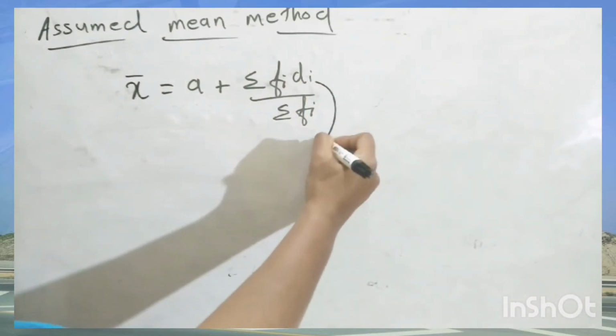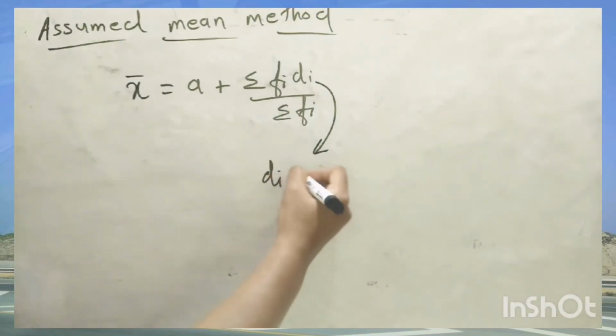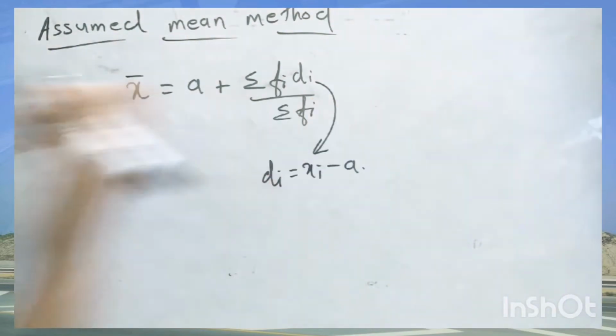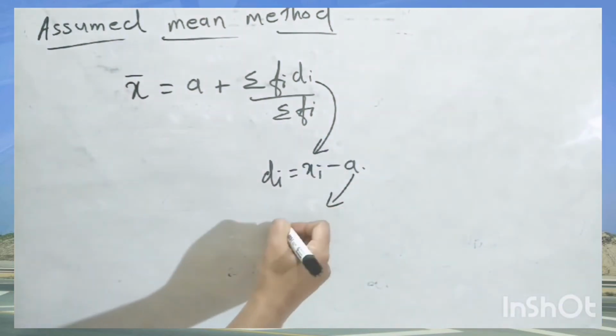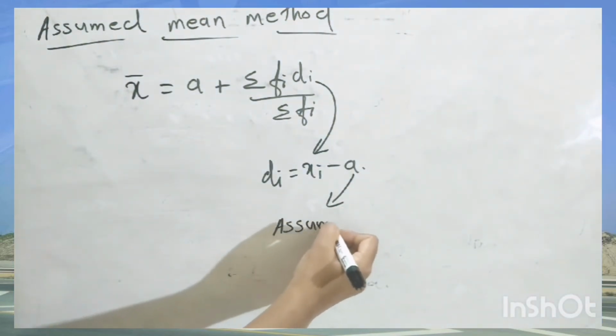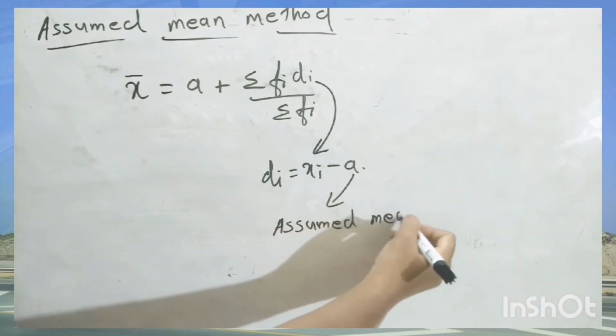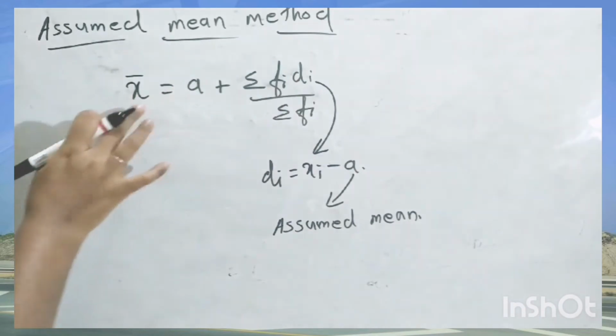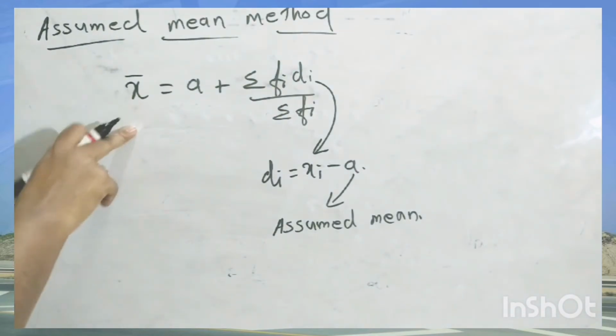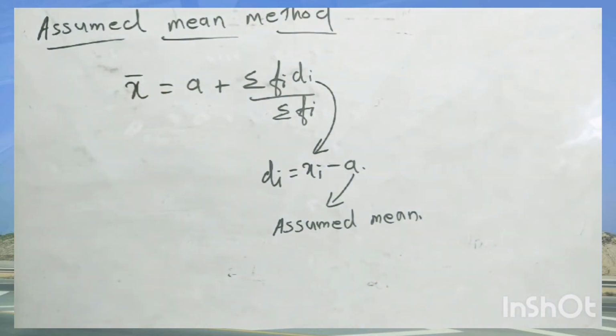Di means xi minus a, and this a, that is our assumed mean. So in assumed mean method, the formula to find out the mean is a plus summation fi di divided by summation fi.